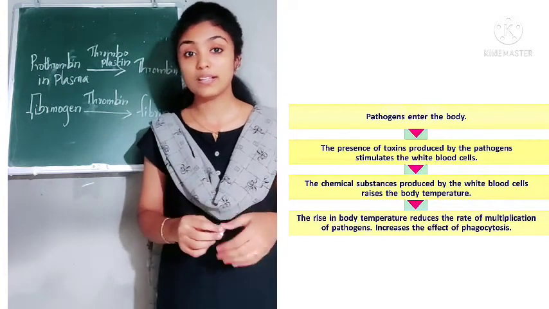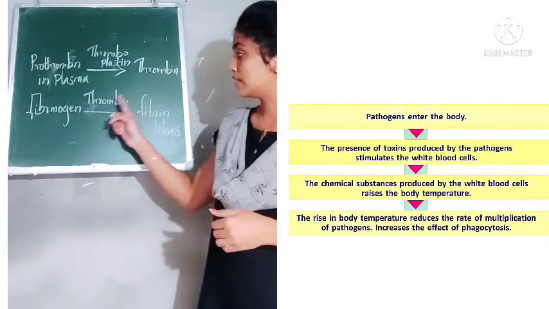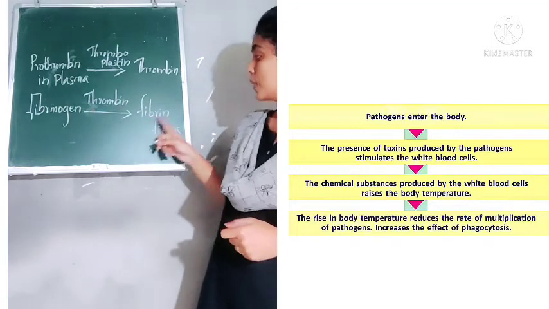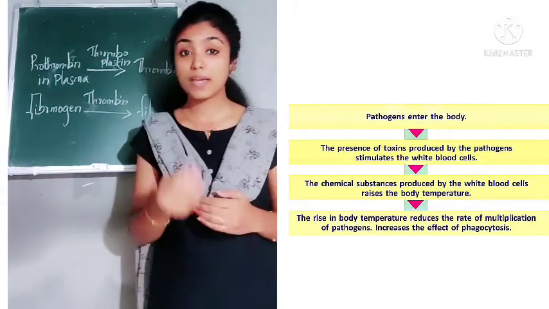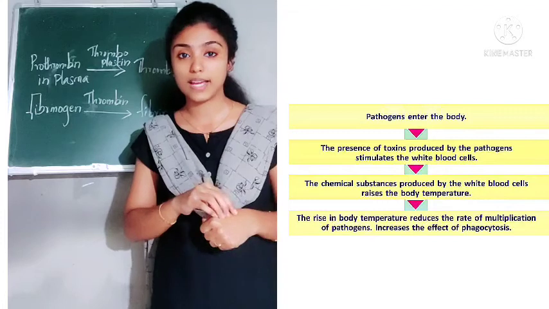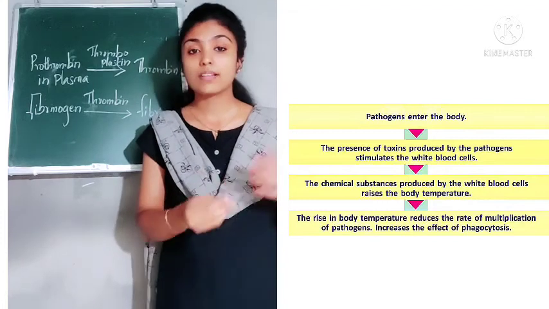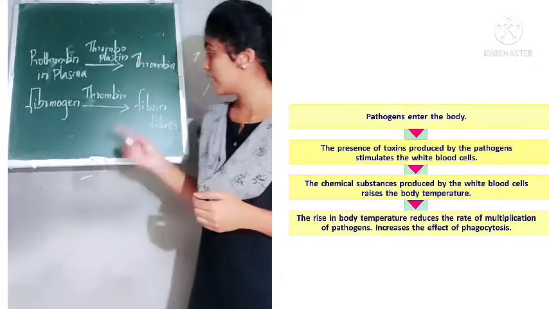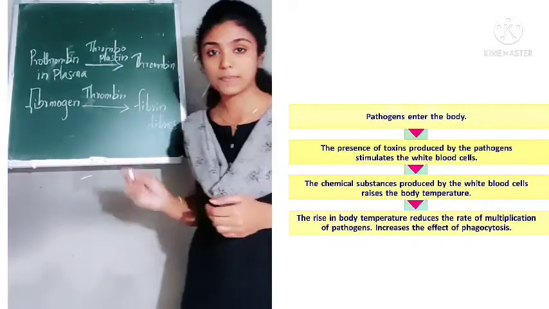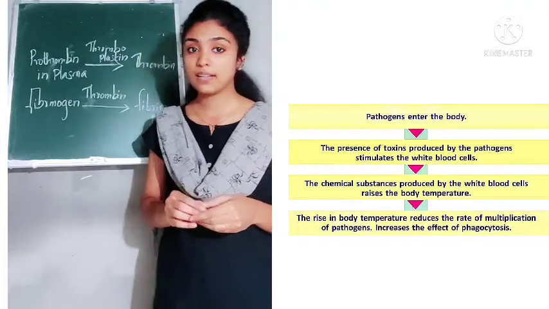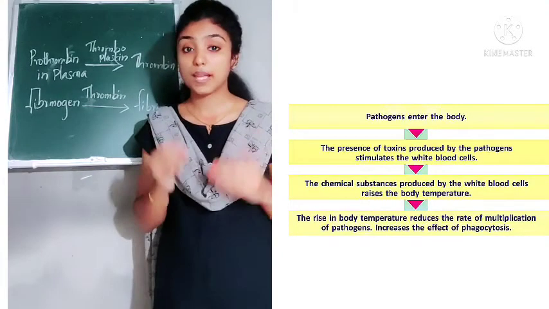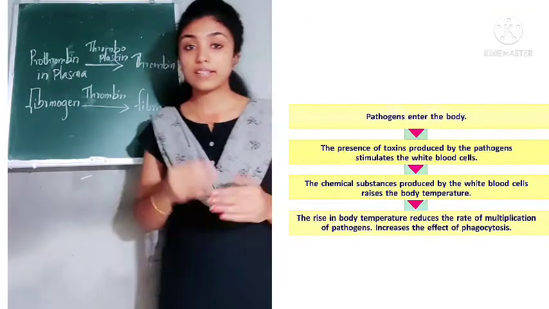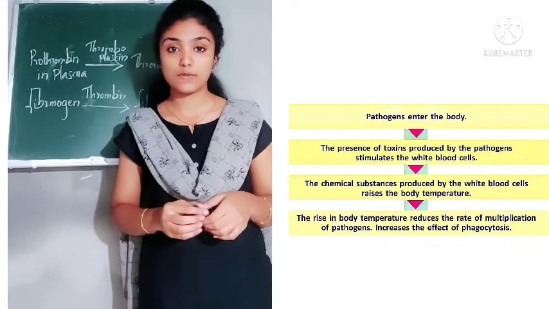So the thrombin which is formed here converts the fibrinogen into fibrin fibers. So some fibers form on this wounded site. Then the red blood cells and platelets get entangled in these fibrin fibers. So the third stage is that the red blood cells and platelets get entangled in the fibrin fibers, and as a result the blood clot is formed.